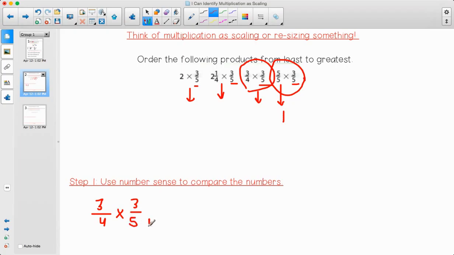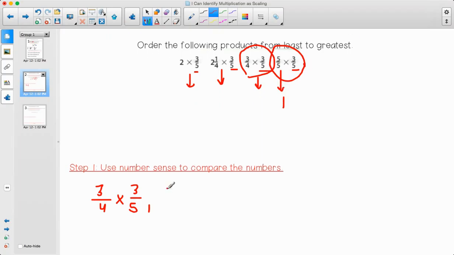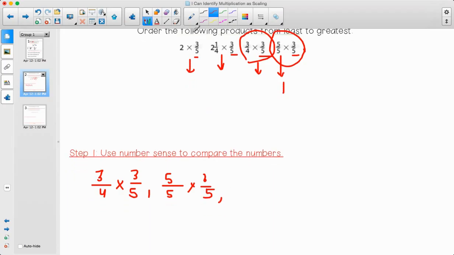So that product would be less than 1. Then we have a product that would be exactly 1, so that should come next, 5/5 times 3/5. So that's exactly 1.